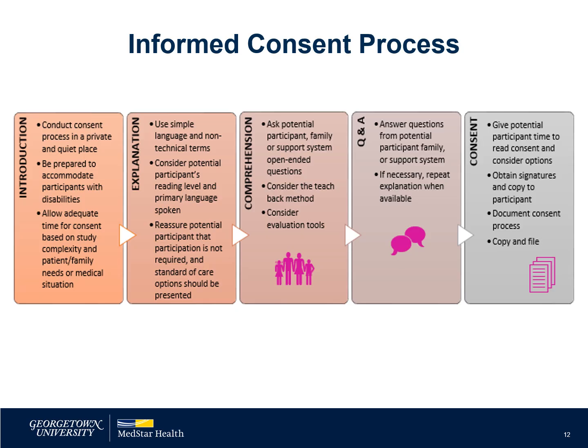This figure represents a brief overview of the informed consent process, including the introduction, explanation, comprehension, question and answer, and consent. These steps are not different for the illiterate or legally blind participant other than including specific accommodations throughout the process.